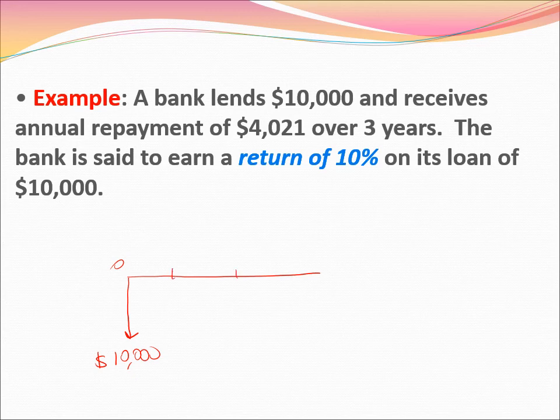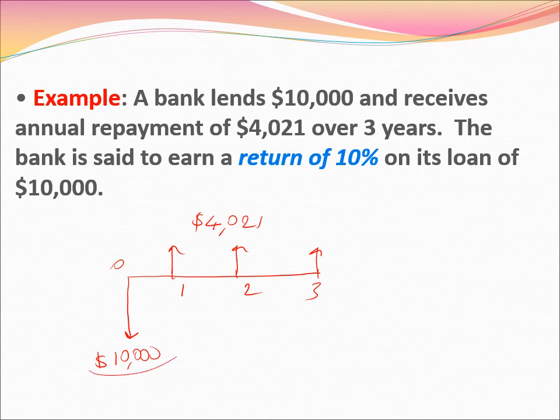So we have years 1, 2, 3, and at each year the bank receives these payments. If this is the case, then what is the earning rate, the return rate for this bank?